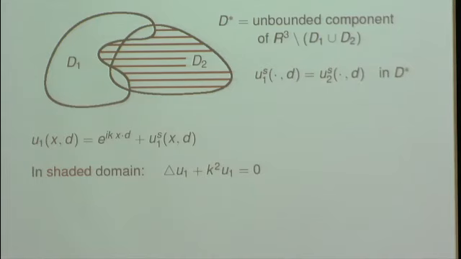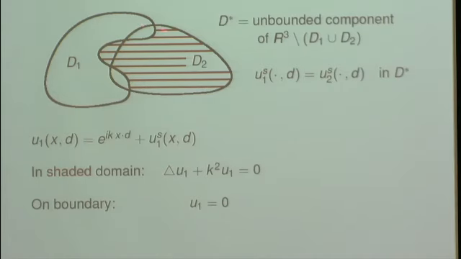And if we look at the boundary, we can look at this part of the boundary. This is part of the boundary of D1, and therefore U1 vanishes on there because of the boundary condition. Then if you look at this part of the boundary, it's part of the boundary of D2.